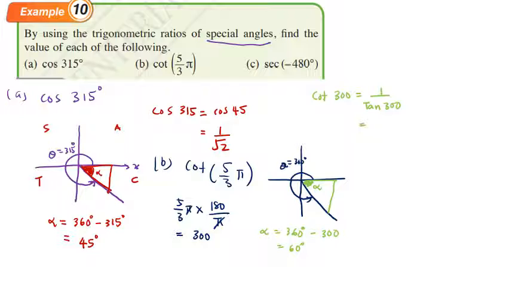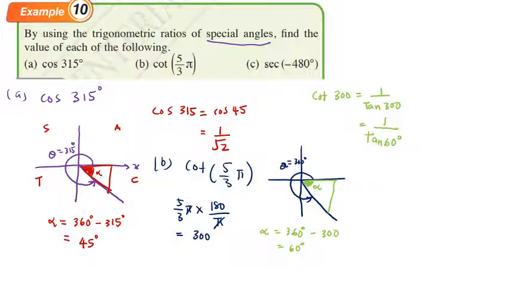So 1 over tan 300 we can equate with the reference angle. So I can write 1 over tan 60.